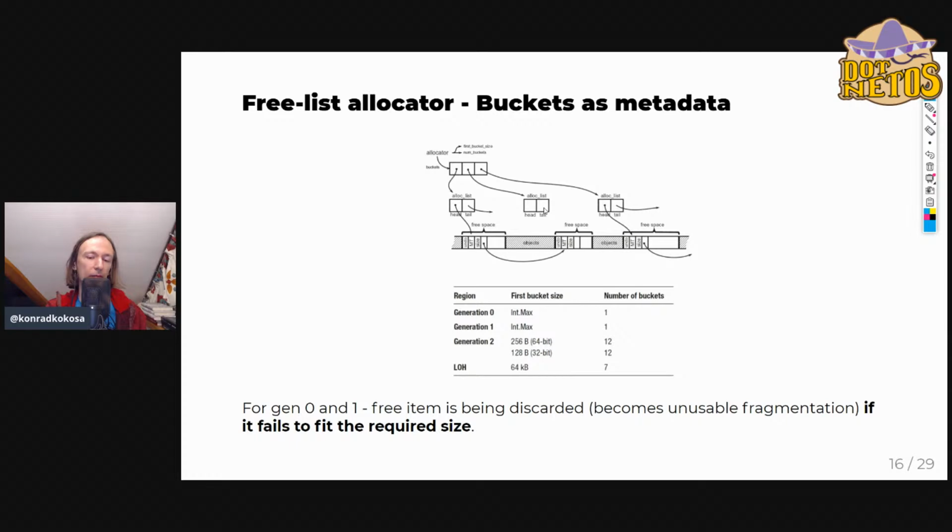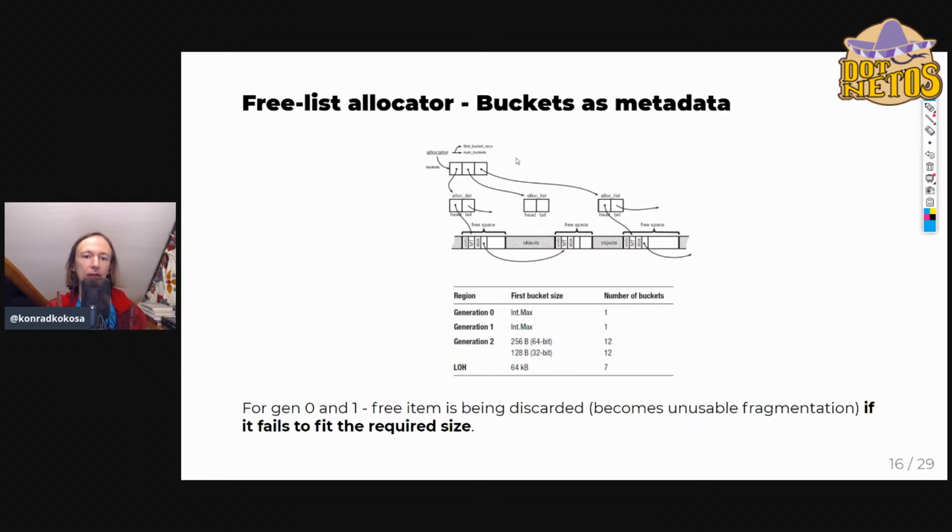Some buckets may be empty if we don't have gaps of a given size range. Some may be pretty big because maybe we have multiple gaps within a given size range, but it really depends. And now we have those buckets, and this is pretty efficient.